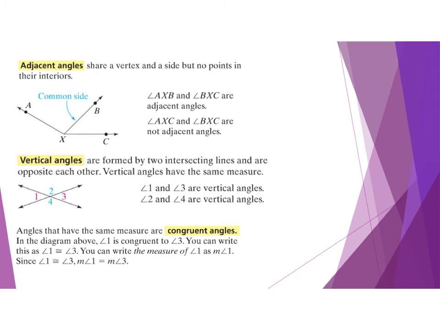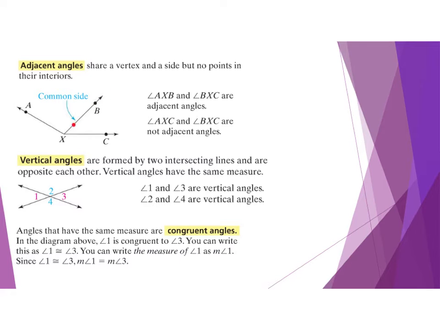The first thing we're going to start out with is talking about an adjacent angle. Adjacent angles share a vertex and a side, but no points in their interiors. So notice right here, it tells me that angles AXB and BXC are adjacent. That's because this is one angle here, here's another angle.